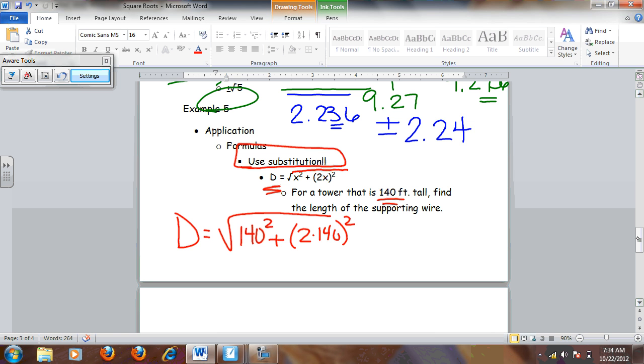Okay? Do the math of that. So 140 squared is 19,600 plus 2 times 140, which is 280, and I'm going to square that. So I have 19,600 plus 78,400.